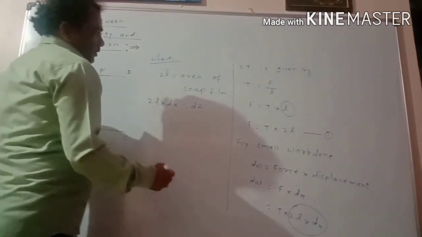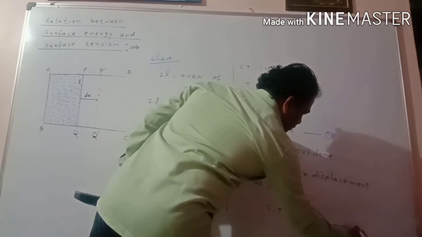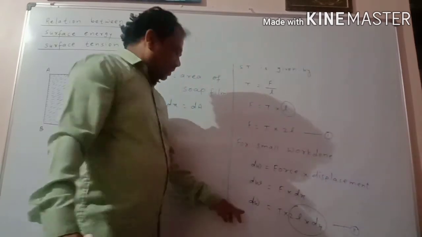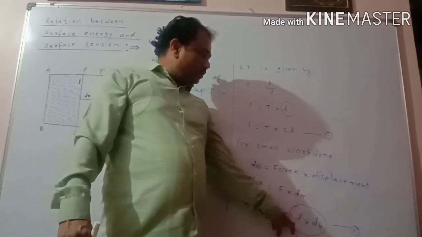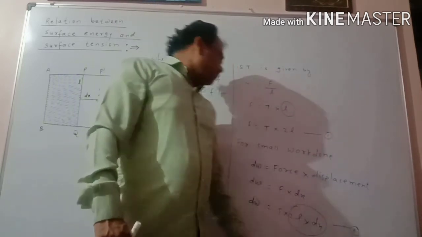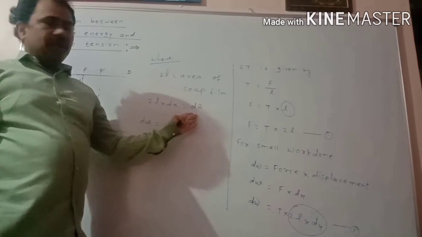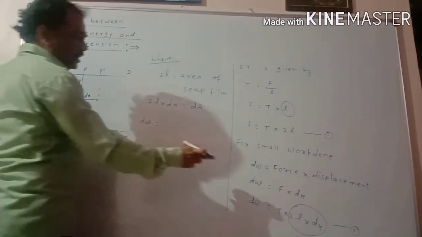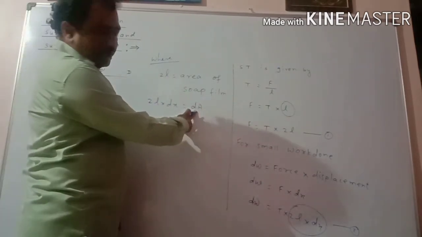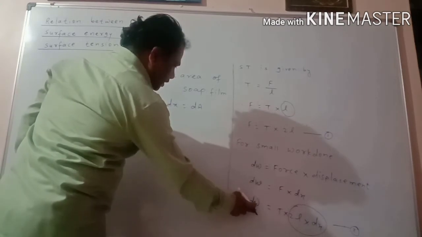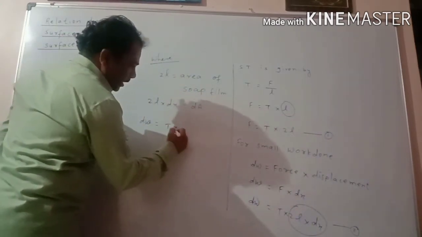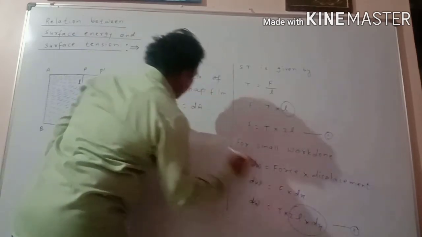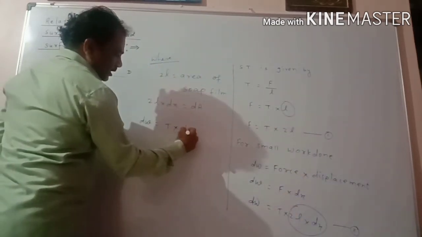So equation 2 becomes, as we calculate here the value of work done, small work done is equal to T into 2L into dx. But 2L into dx is the area, so instead of 2L into dx we can put area. So dW, the work done, is equal to surface tension T multiplied by 2L into dx, that is dA.